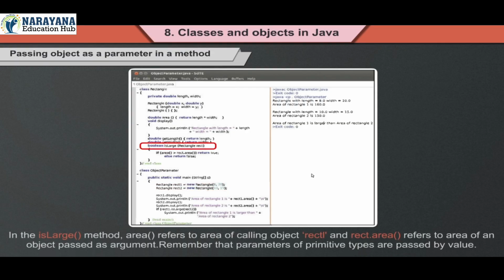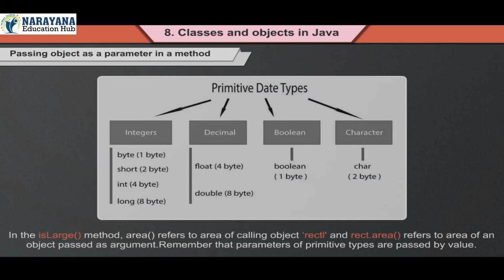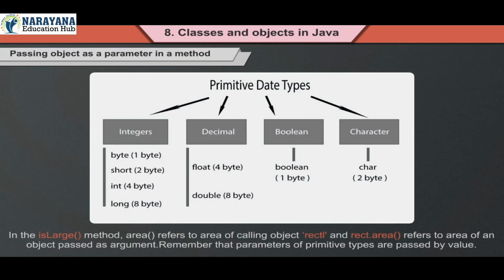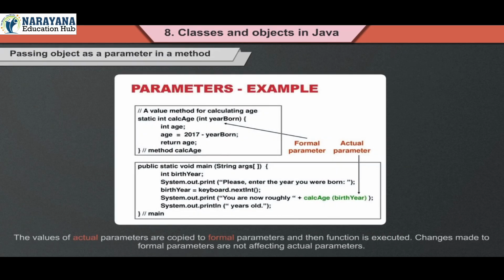In the isLarge method, area refers to area of calling object rect1 and rect.area refers to area of an object passed as argument. Remember that parameters of primitive types are passed by value. The values of actual parameters are copied to formal parameters and then function is executed.